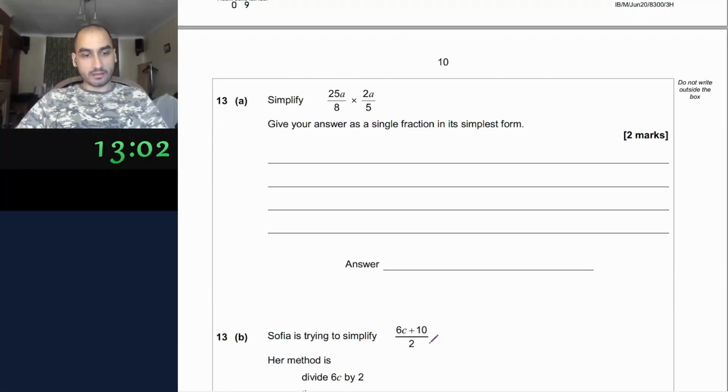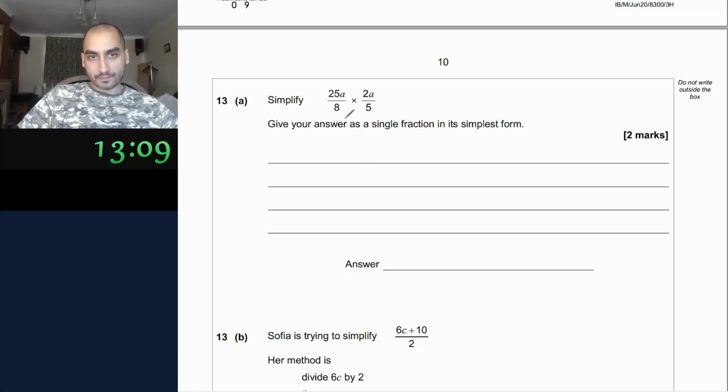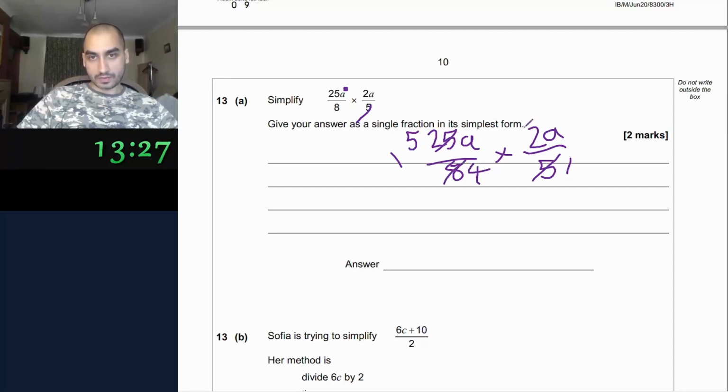Simplify 25A over 8 times 2A over 5. So cancel the 5, cancel the 2s, equals 5A squared over 4.